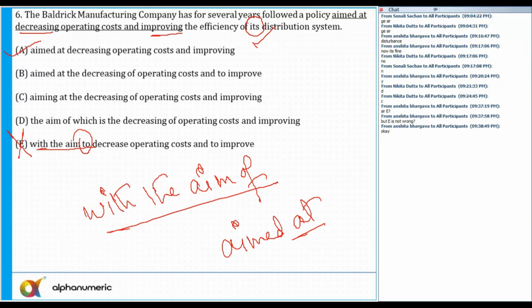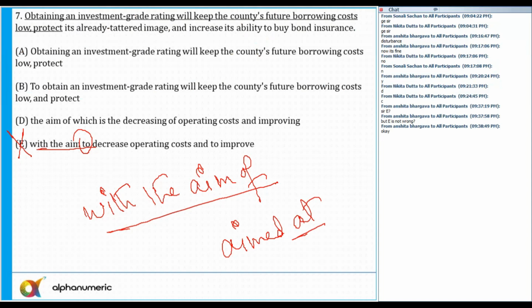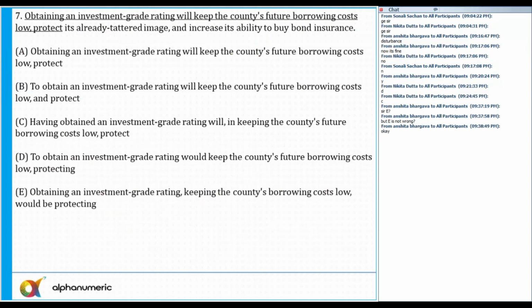Okay. Question number 7. Obtaining an investment grade rating will do what? Will keep the country's future borrowing costs low, it will protect its already tattered image, and increase its ability to buy bond insurance.